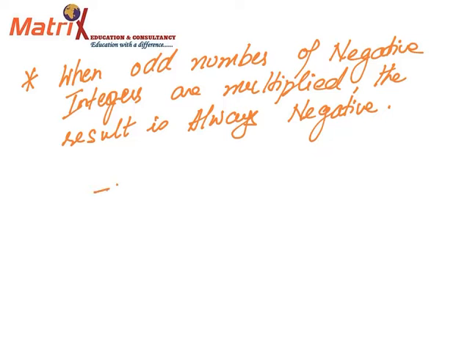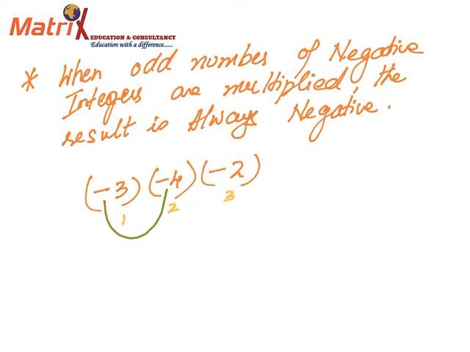Now we take negative 3, negative 4 and negative 2. Now you tell how many numbers are being multiplied. 1, 2, 3 numbers are multiplied. 3 is an odd number. So what will happen? I multiply negative 3 with negative 4.